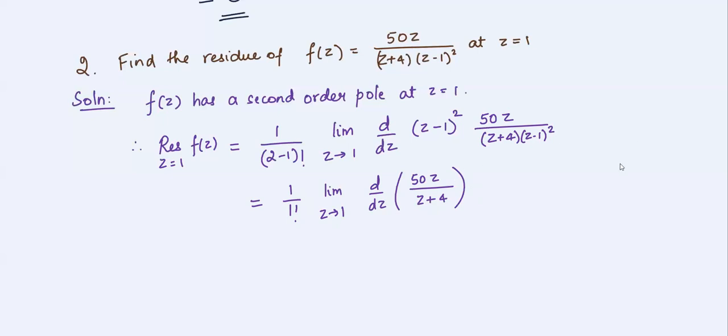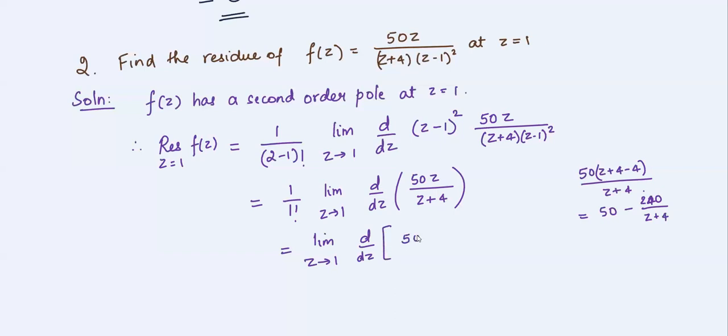This can be written as 50(z plus 4 minus 4) by (z plus 4), that is 50 minus 200 by (z plus 4).